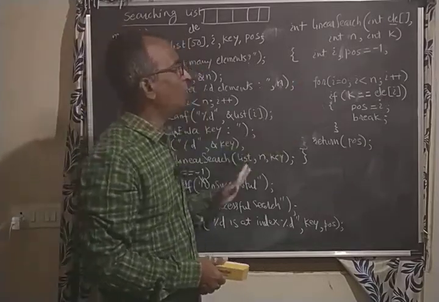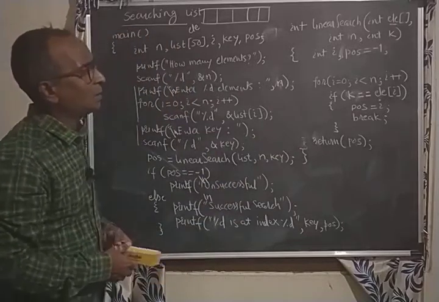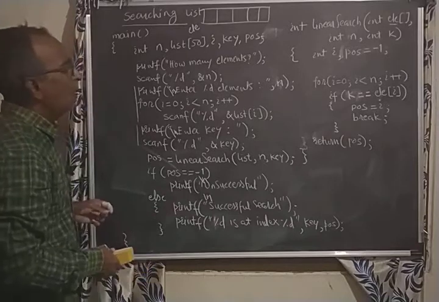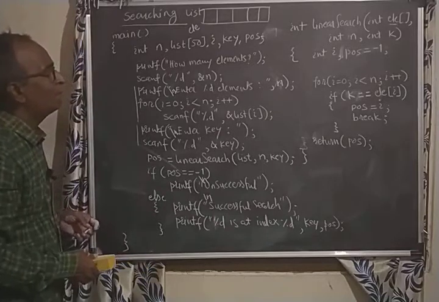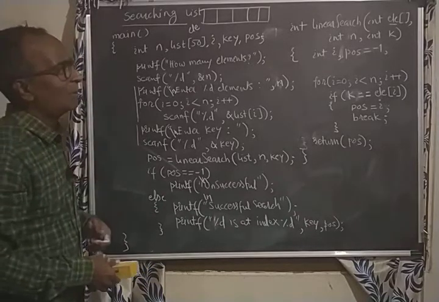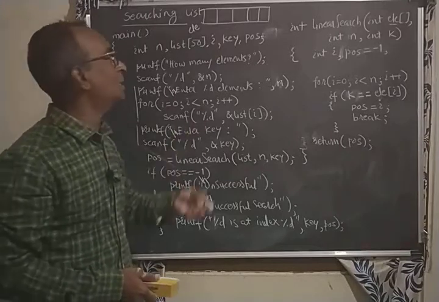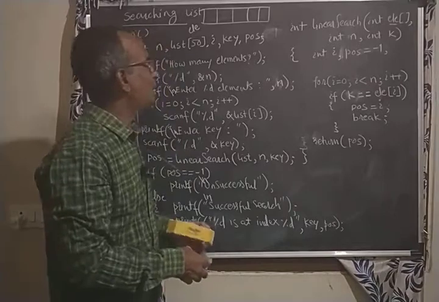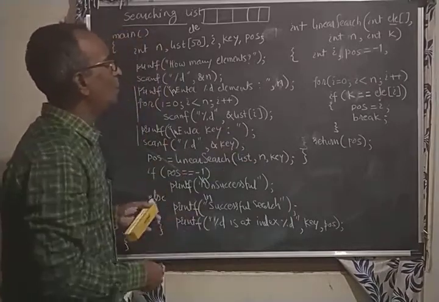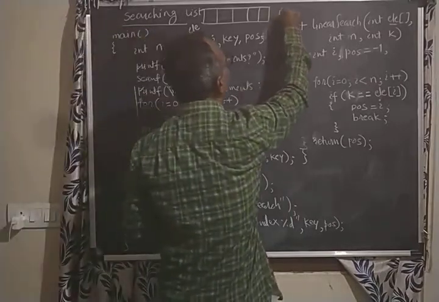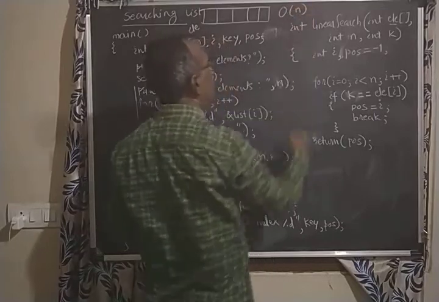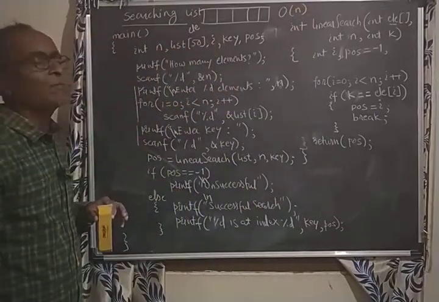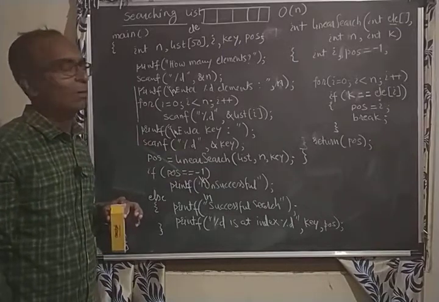We have implemented this linear search mechanism with a C program. Now, if a sorted list is given and linear search is applied, the complexity of this will always be big O of n, because in the worst case we have to search with all the elements.